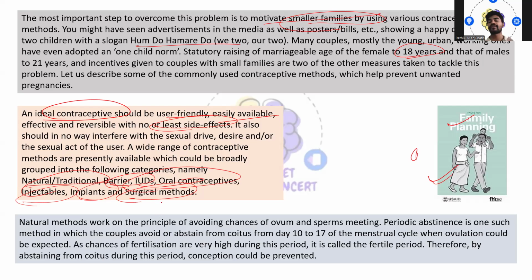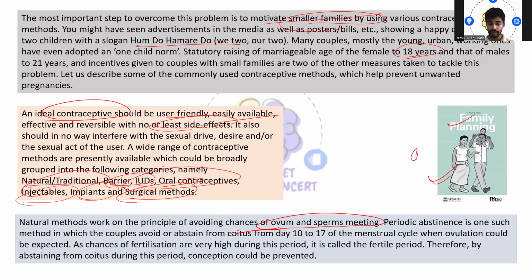Naturally, you are trying to avoid fertility by avoiding the chances of the ovum and sperm meeting. If you avoid the chances of fusion of ovum and sperm, that means fertilization will not happen. How? One such method is periodic abstinence, where, from the 10th to 17th day of the female menstrual cycle, we can expect the ovulation period.